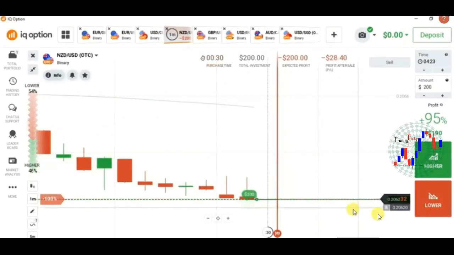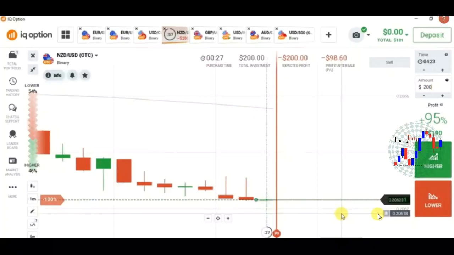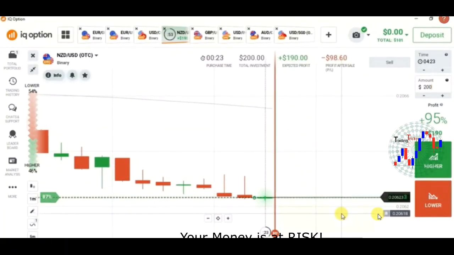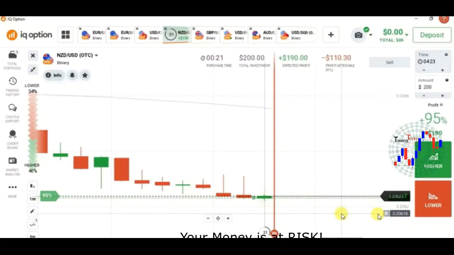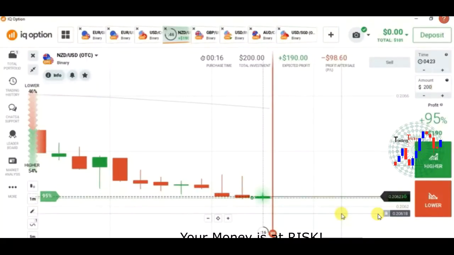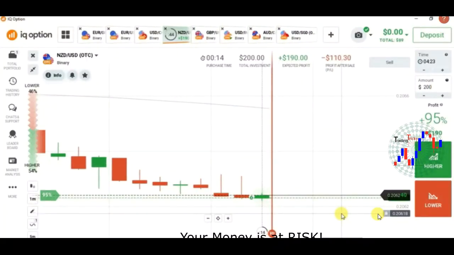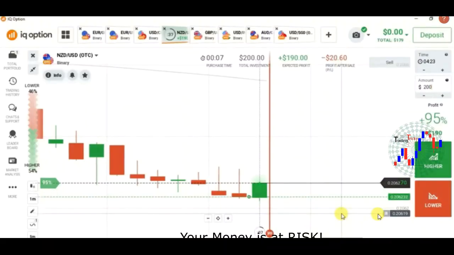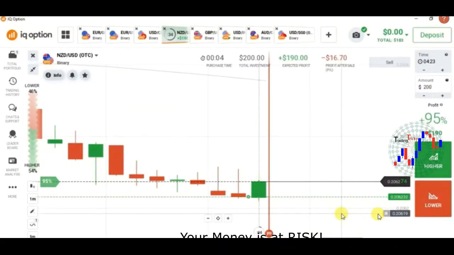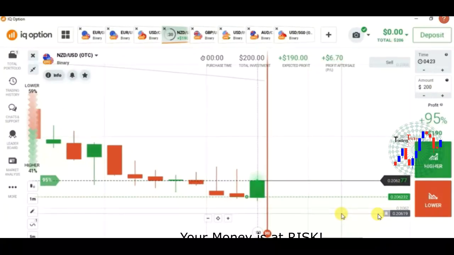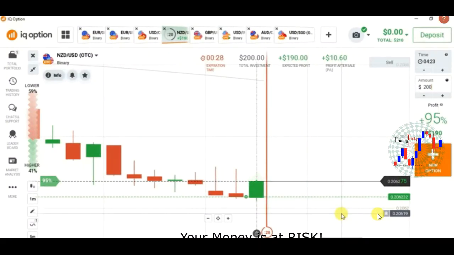Okay, I'm going with buyers because the candle closed near these levels. Both candles have buyer's entry, so I'm expecting this candle will be a green candle. Even if it is small, it will be green. Buyers are trying. Okay, again they try, but I think it will be rejected because the last two candles have rejections.